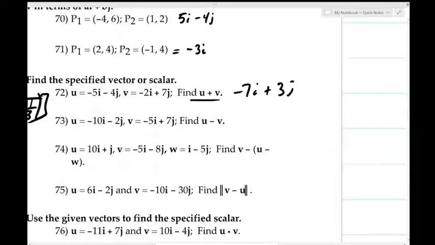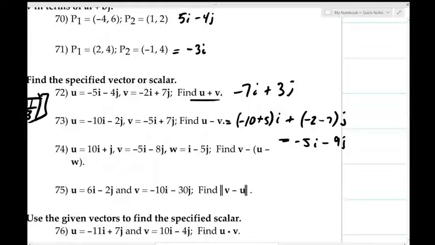Okay? And if we are subtracting, we're still going to do the same thing. We are going to subtract the i components and the j components subtracted. Okay, so we have negative 5i minus 9j.